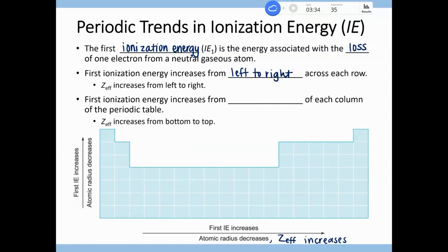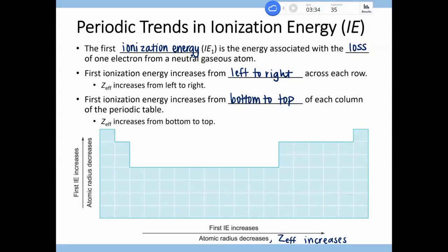So first ionization energy increases if you're starting at the bottom and going to the top of the periodic table. So increases from bottom to top. Atomic radius is decreasing as you're going from bottom to top. And effective nuclear charge is increasing as you're going from bottom to top as well.